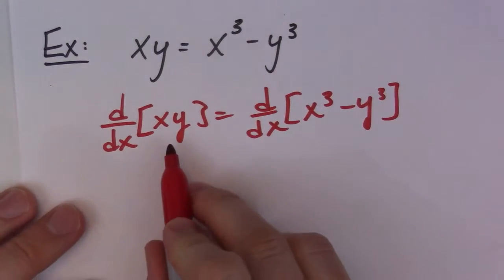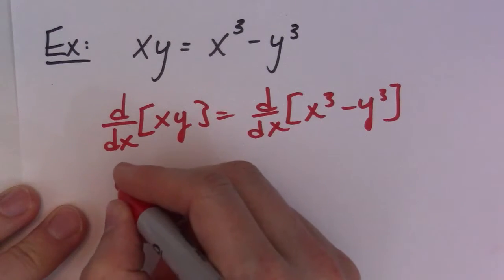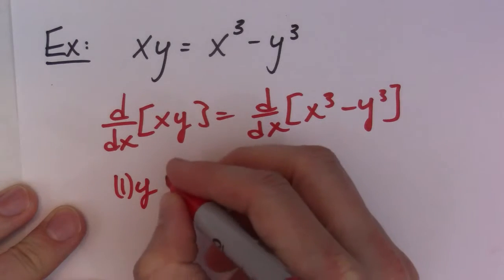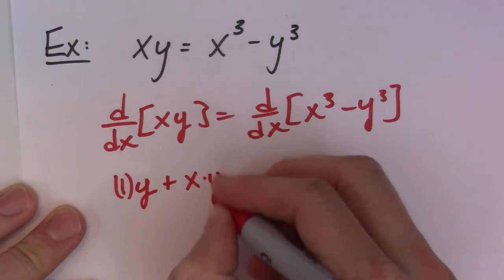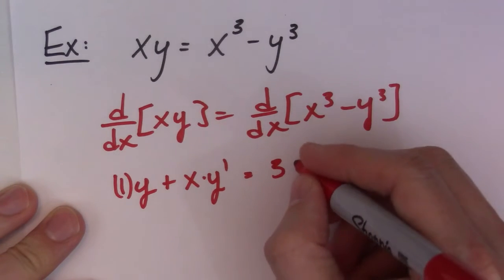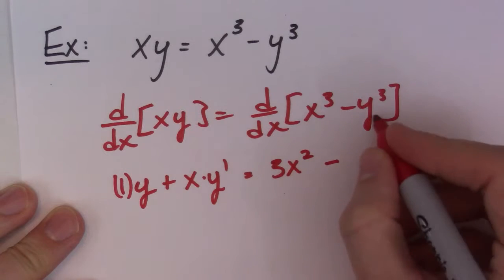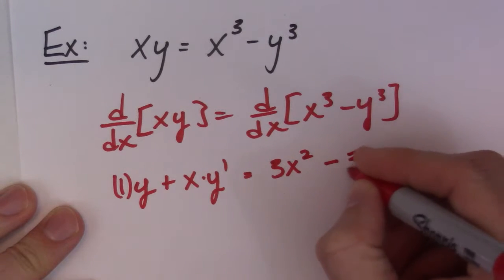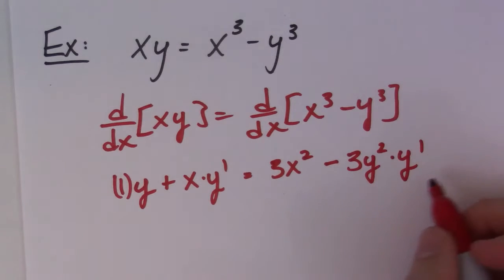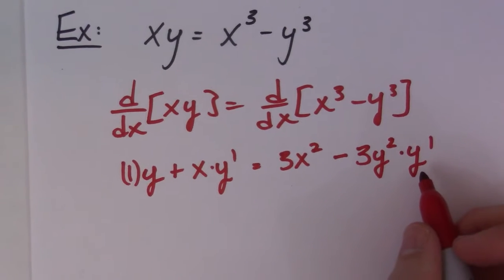I'll take the derivative, same as before: 1 times y plus x times y prime. And then the derivative of x cubed is 3x squared, minus the derivative of y cubed, which is 3y squared times y prime. Again, that little times y prime is so important.